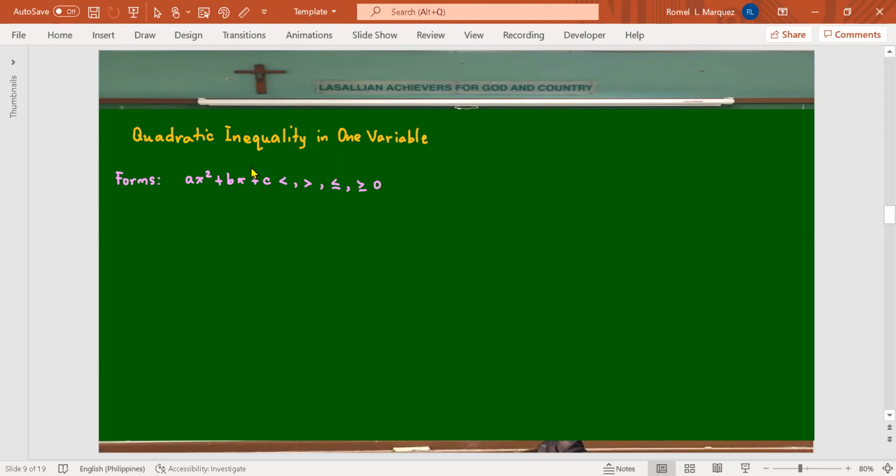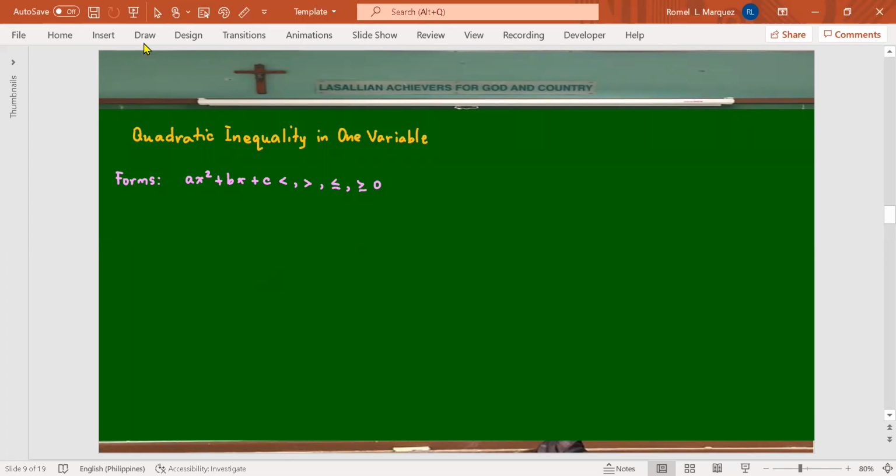All you have to do is equate this quadratic to 0 and then solve for the roots. The roots are what we call critical numbers or cut-off points. They will be our basis in determining those possible values of x that will satisfy the inequality. And the solution is a set or collection of numbers.